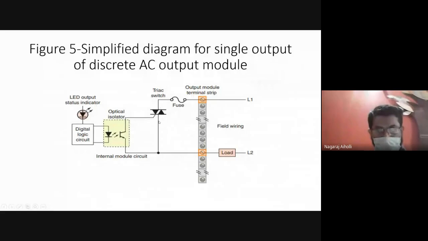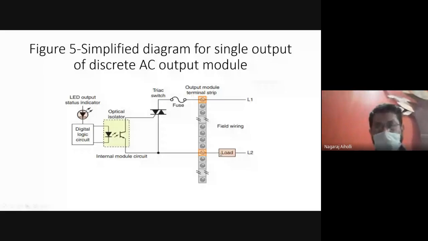The positive portion that is applied to L1 flows through this, and when you apply the negative portion, that also flows through, and then it flows to the load. Hence the signal that is coming to the load is an alternating signal, the AC signal. That means this Triac switch is used to operate the AC loads.